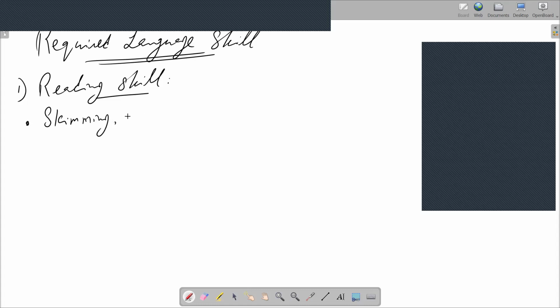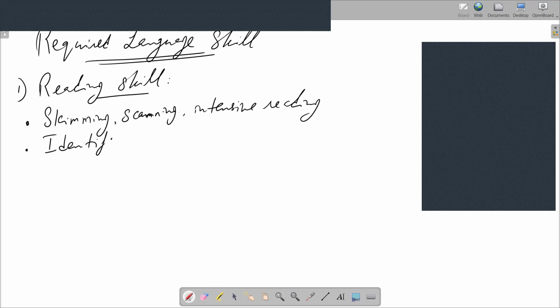So we've got skimming, scanning, and intensive reading. You may be familiar with some or many of these, and if not, we'll talk about them in a later class.